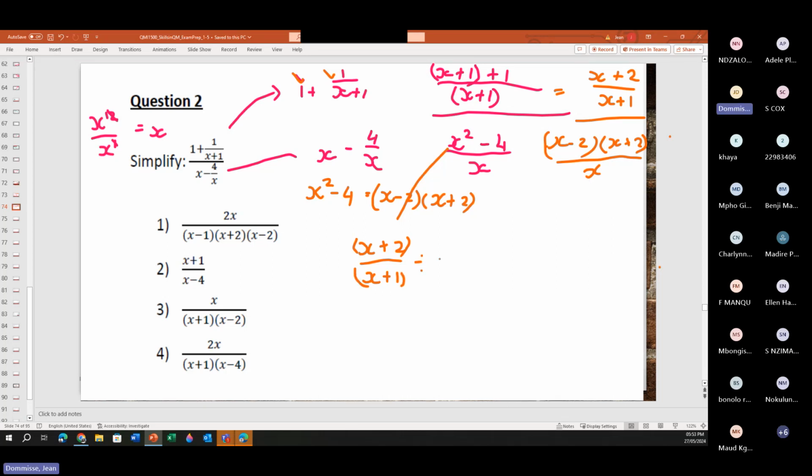Divide by, and so then if we have that, we can actually swap it around when we multiply.